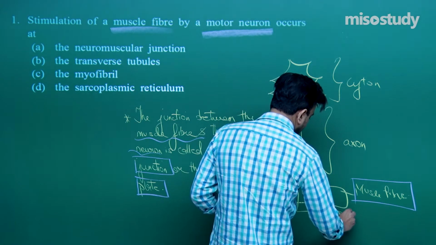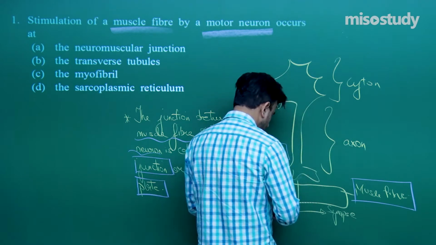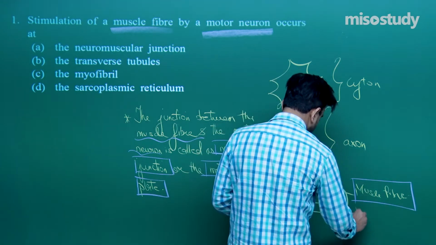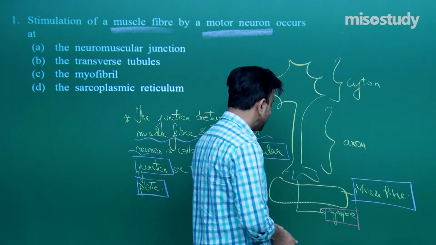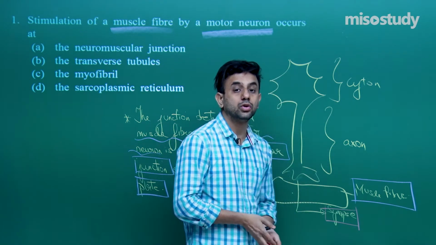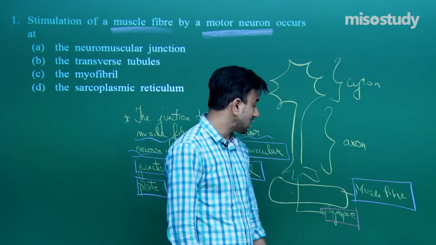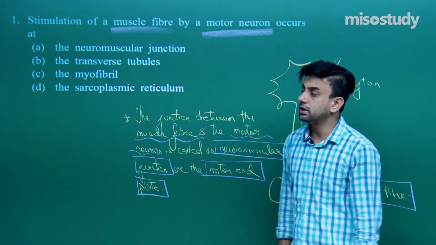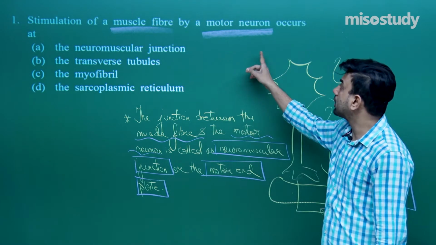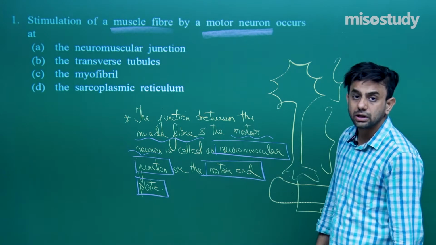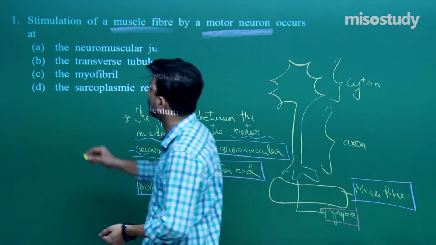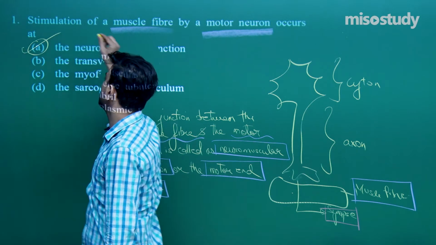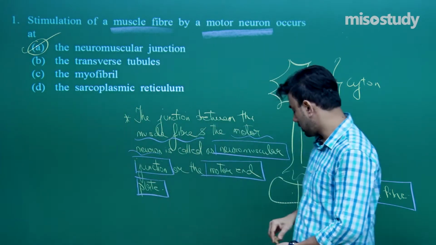In this synaptic junction, there will be the release of the neurotransmitter called acetylcholine. So the stimulation of the muscle fiber by a motor neuron occurs at the neuromuscular junction. This is going to be the correct answer for this one.